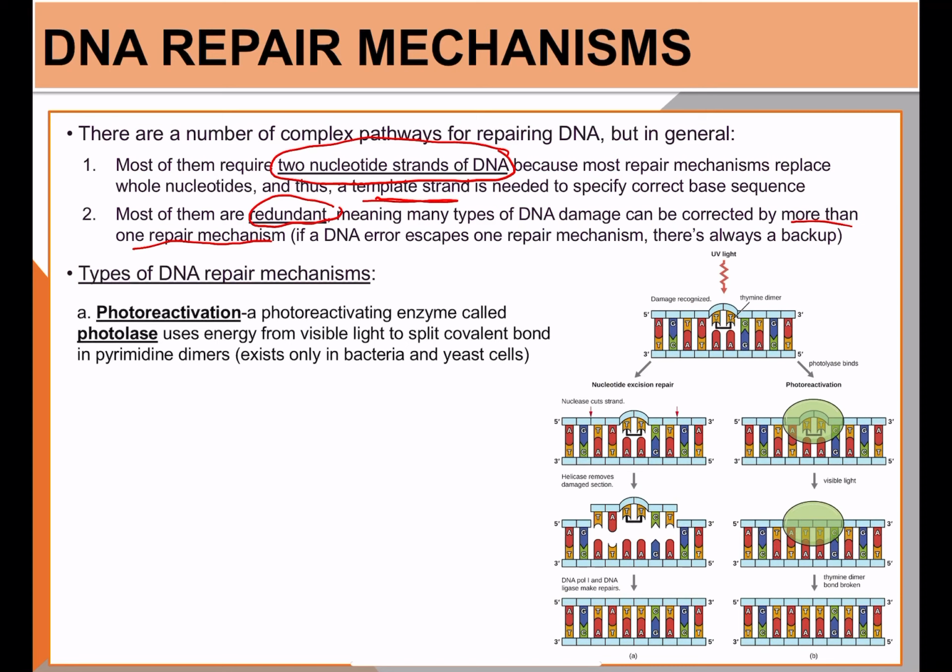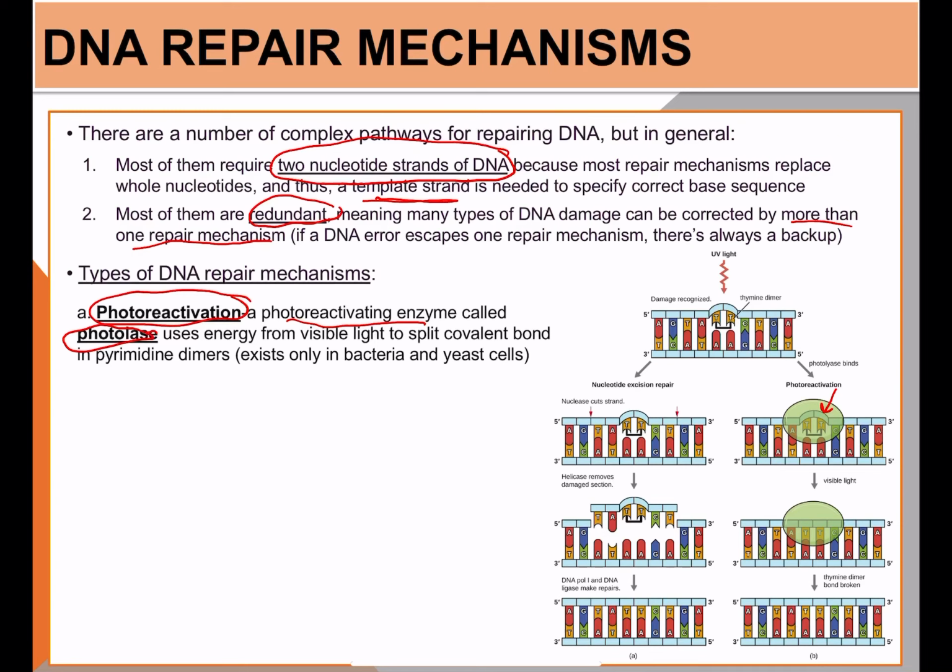We already talked about two of them in your lab activity questions with the yeast mutagenesis lab. One was called photoreactivation, if you remember. This is where your photoreactive enzyme called photolyase can use energy just from visible light to split that bond that was formed by your pyrimidine dimer.